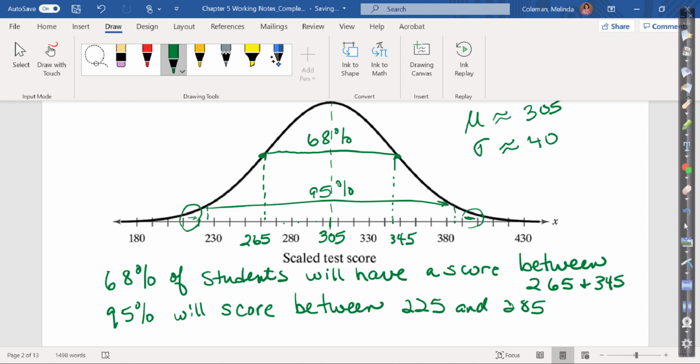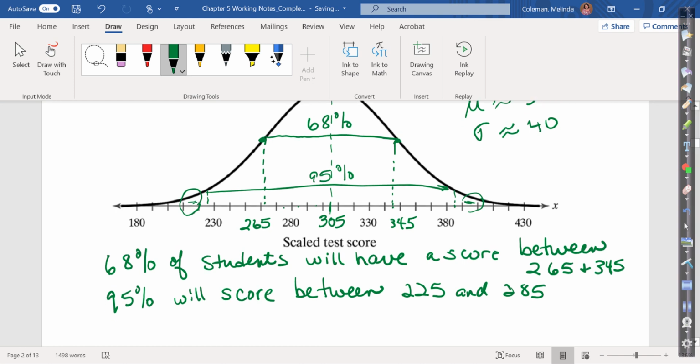Because remember, we only have 5% to work from. So that means we'd only have about 2.5% of the students that are around 3 standard deviations above or below. So not very many students are going to do that.